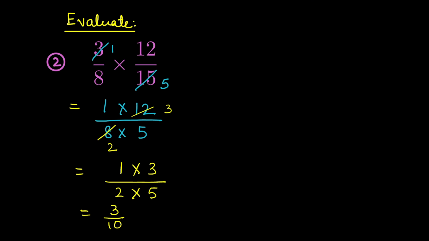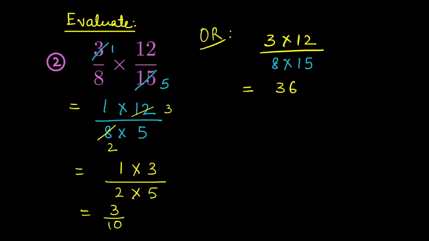If we had tried the same question using the direct method first, we write it as 3 times 12 on top and 8 times 15 in the bottom. If we multiply, we get 3 times 12 as 36 and 8 times 15 as 120. Now if we want to reduce it, both are multiples of 6, or we can say both are multiples of 12.